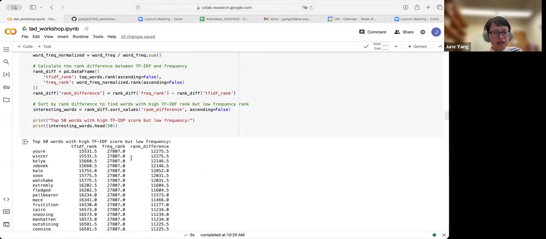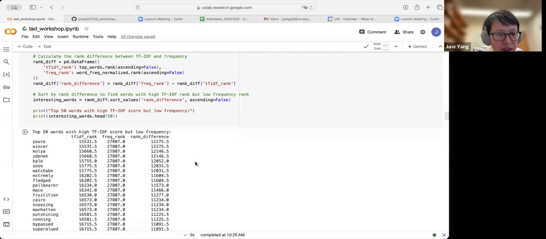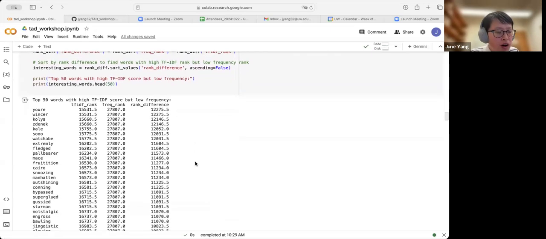And I ranked by this rank difference so that we can see that, oh, probably this UR word ranks relatively higher in TF-IDF and a lot lower in the frequency rank. And we can see that some of the words are hard to understand because, for example, this UR is definitely coming from a longer word, but we've reduced the word to its stem form, and also we've removed all the punctuation, so they can be a little bit different from their raw format.